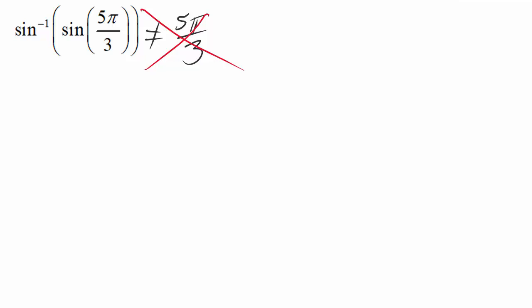Now, the reason it fails at the 5 pi over 3 is that inverse sine has a restriction. So if we're looking to do the inverse sine of something called r, that's going to give us some angle theta. All right?